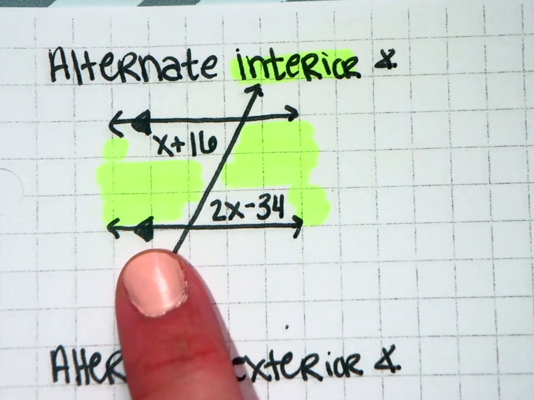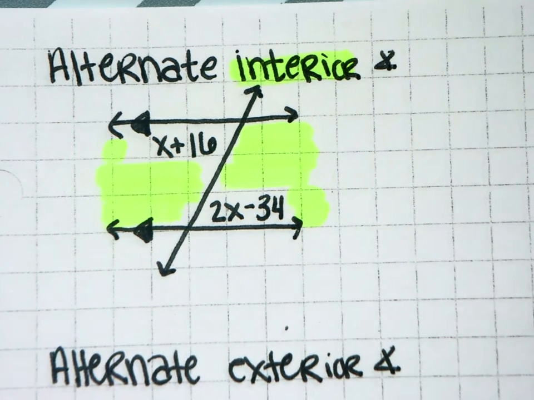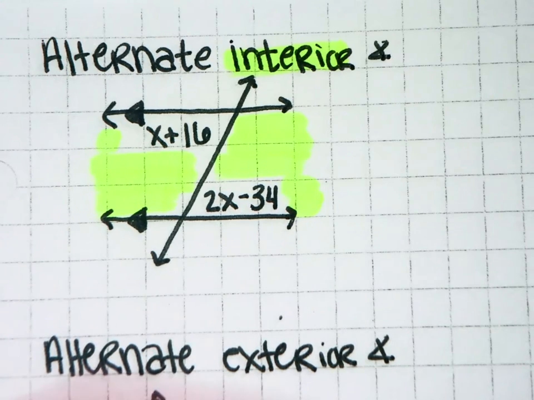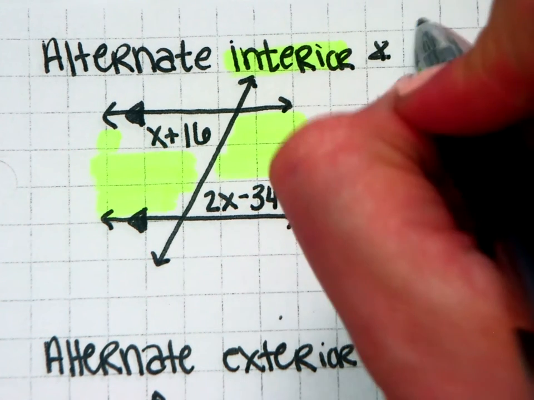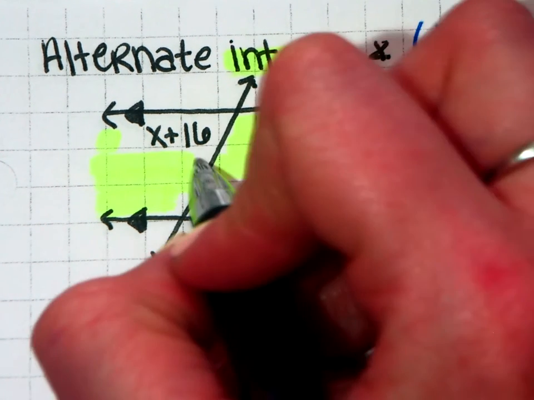And for alternate interior angles, when the lines are parallel, remember those arrows mean parallel, they are congruent to each other. So when I see the term alternate interior, I need my mind to think of congruency. So all I'm going to do is set them equal.